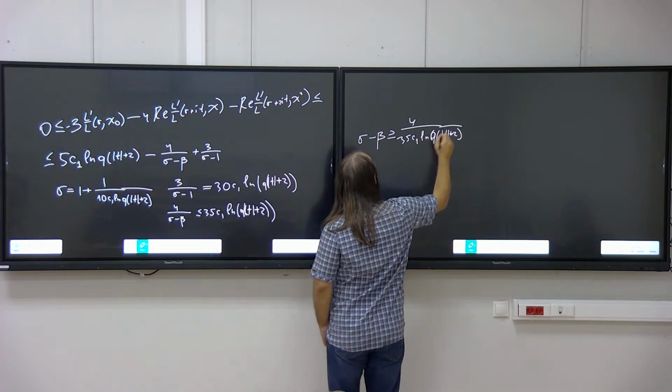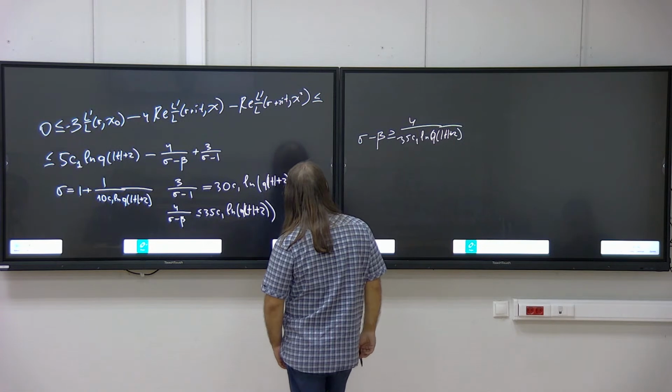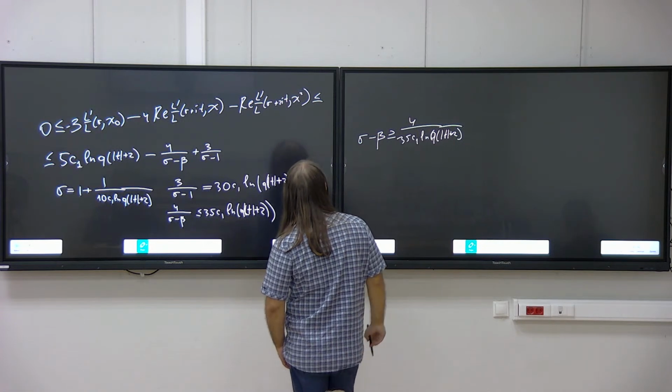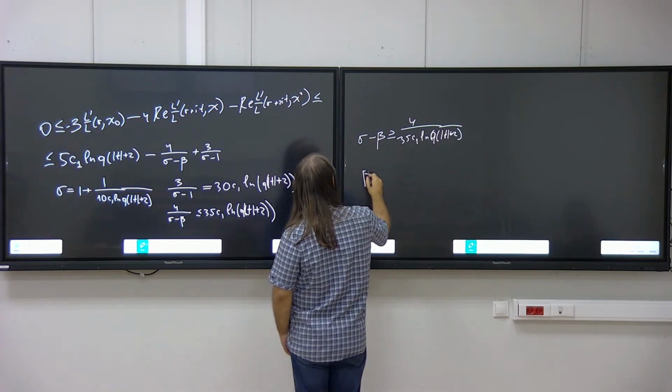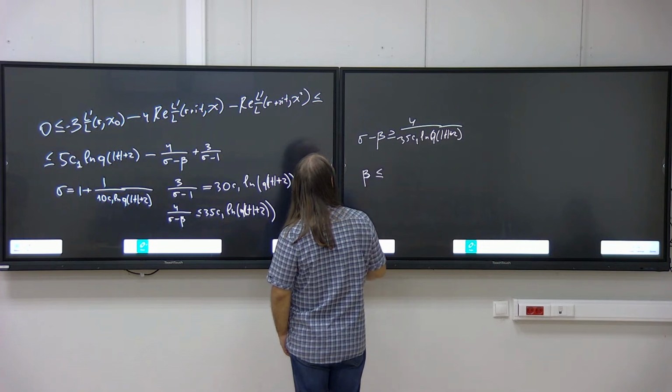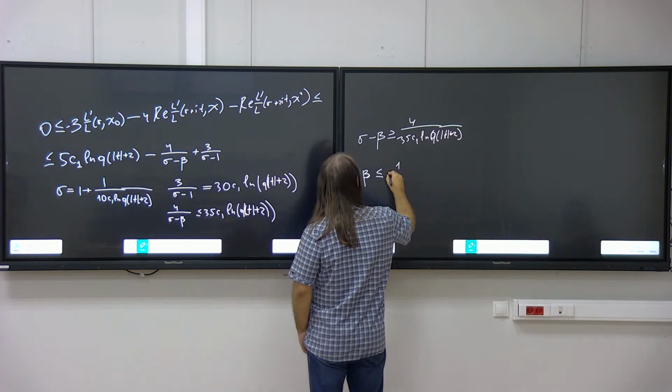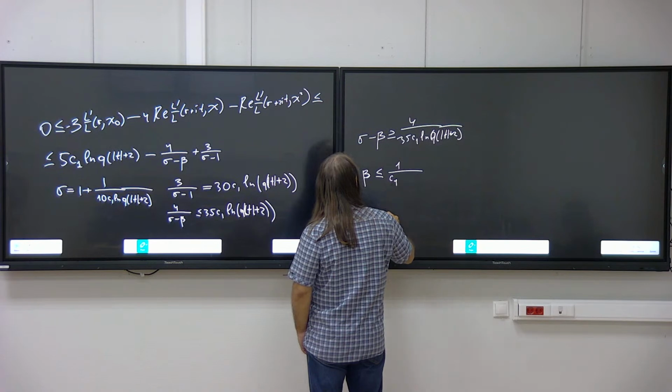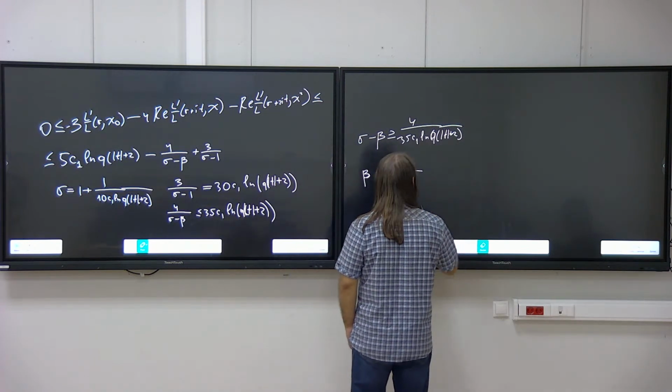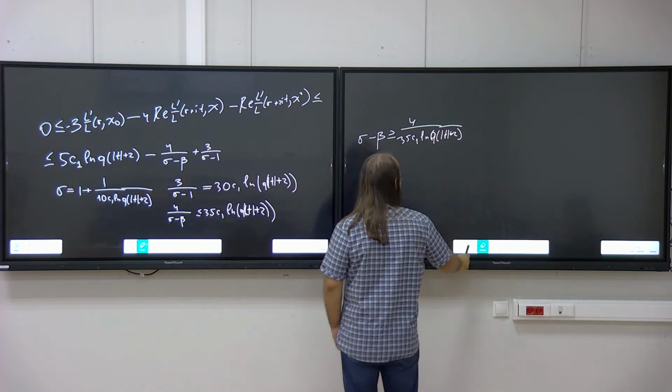plus 2. And when you substitute, you get that beta is at most 1 over C1. No, it's just sigma minus this. Yeah, of course.